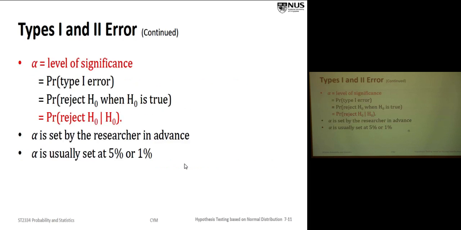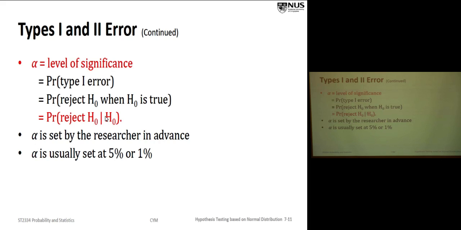Now returning to that table, remember we had alpha, and alpha is defined to be the probability of a type 1 error. That is the probability that you reject the null hypothesis when H0 is true, that is, the probability that you reject H0 given H0 is true. Generally you set alpha yourself.